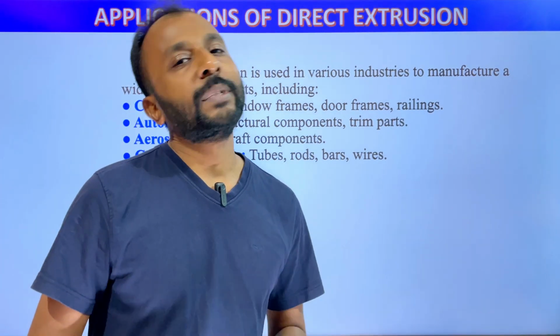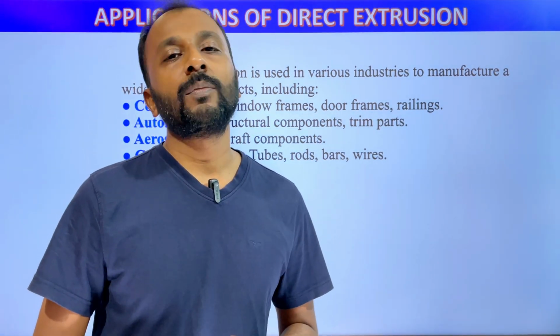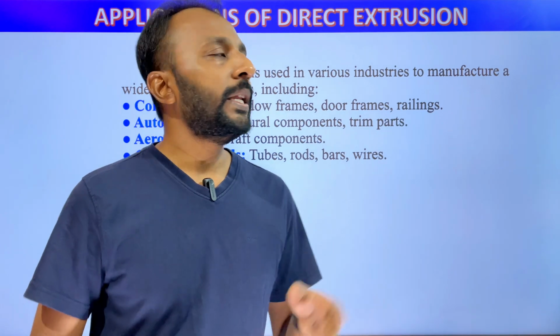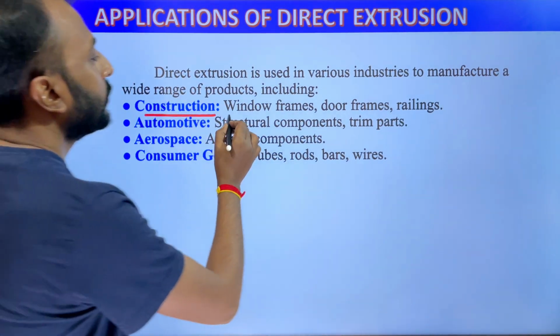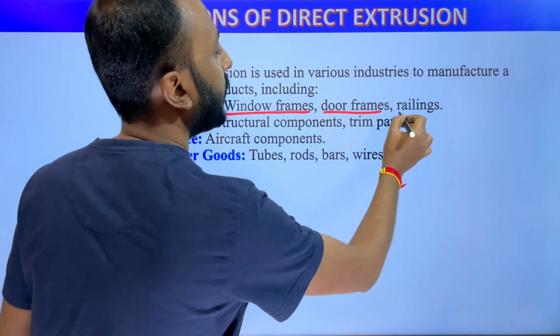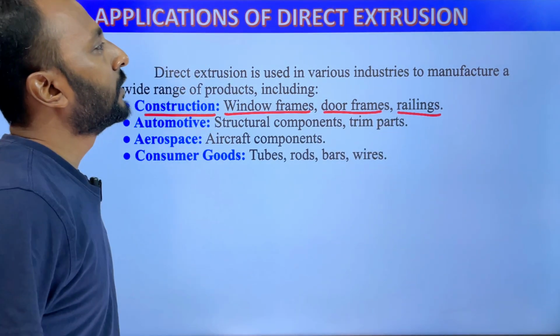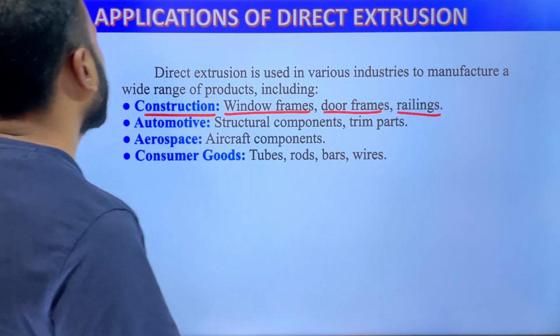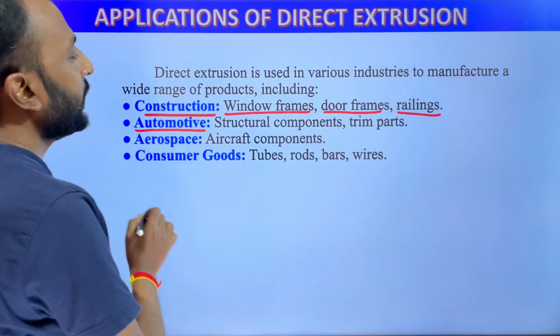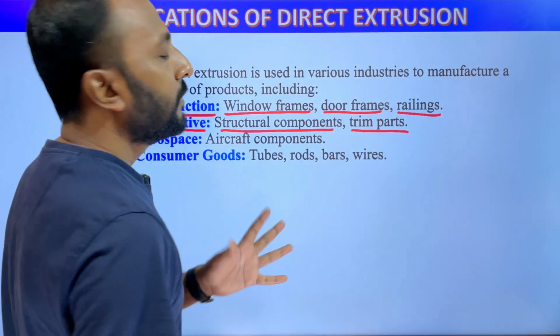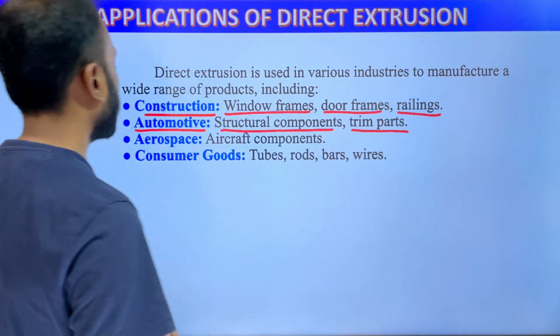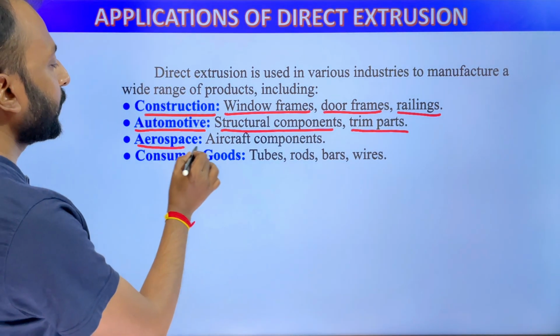In industry or in manufacturing industry, the direct extrusion process has too many applications. Few are in construction. In construction, window frames, door frames and railings are made using this process. Next, in automotive industry, structural components and trim parts are being made using this process. Next one is aerospace industry.